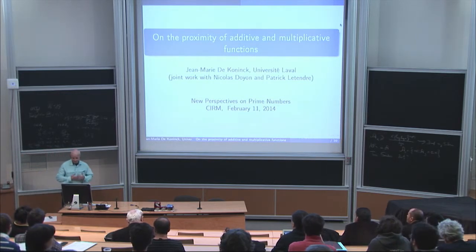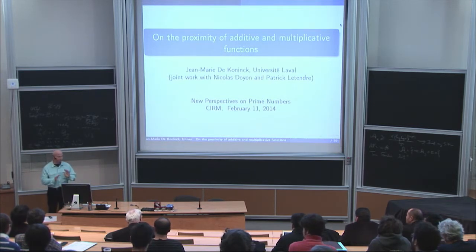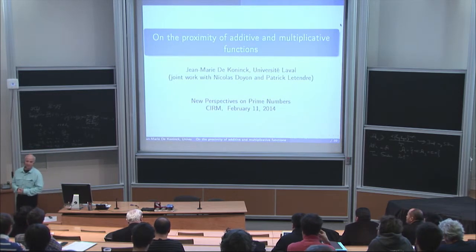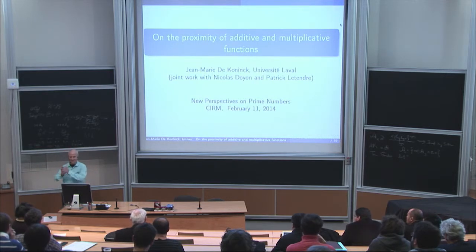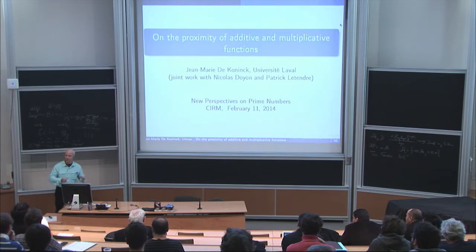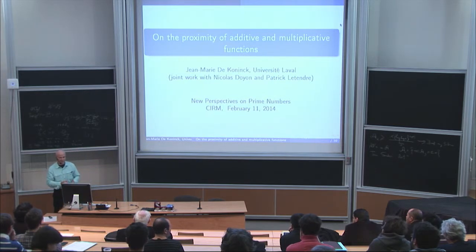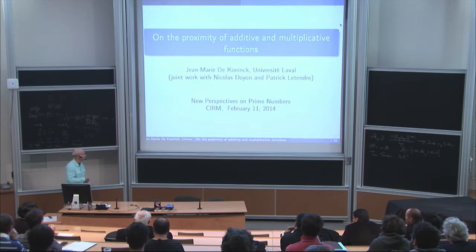I will talk about additive and multiplicative functions, but somehow in a different way than we usually do. Usually, well, I assume you know what an additive function is and what a multiplicative function is. Usually we study, say, additive functions, and we examine their global behavior, say the average value that they have, and then also perhaps their local behavior, analyzing how the consecutive values of a given additive function are distributed.